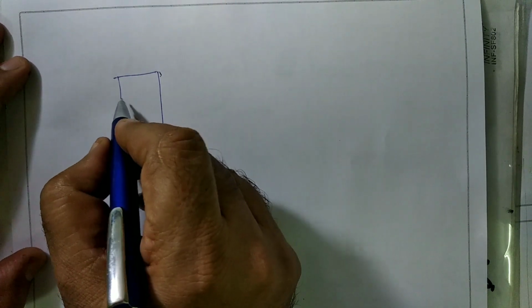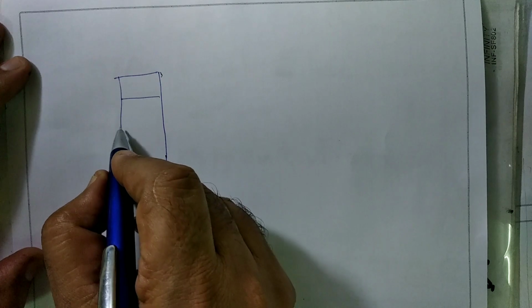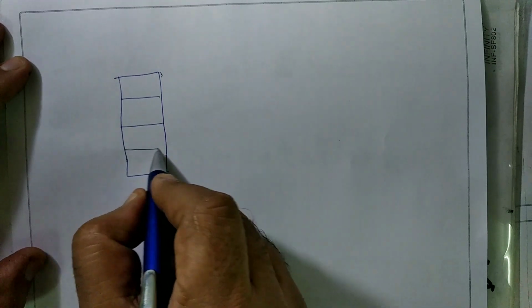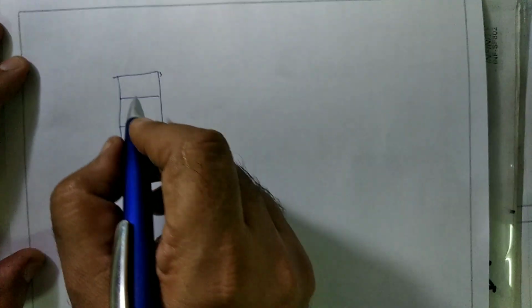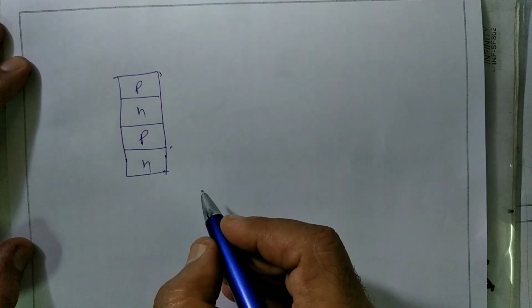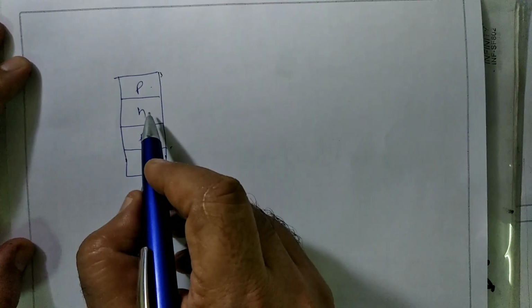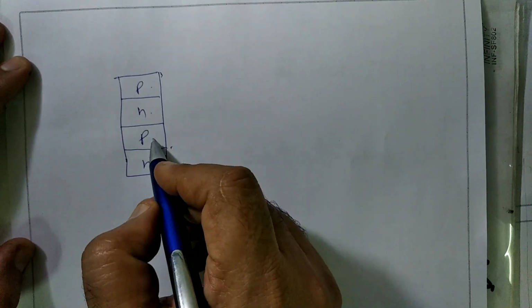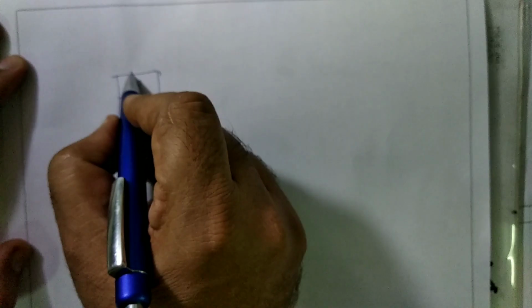As we have just now studied, it is a 4-layered device, P-N-P-N. So this is P-type semiconductor connected to N-type, then P-type, then another layer of N-type semiconductor.